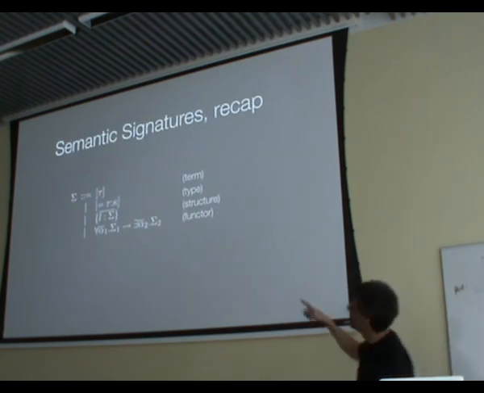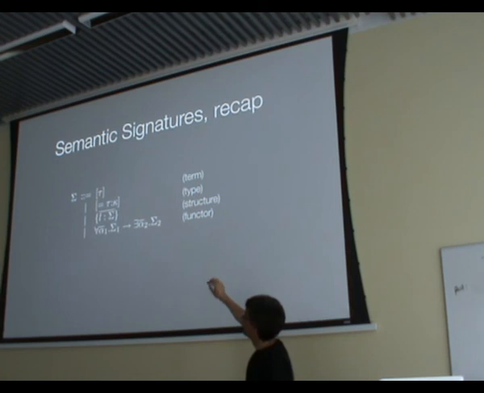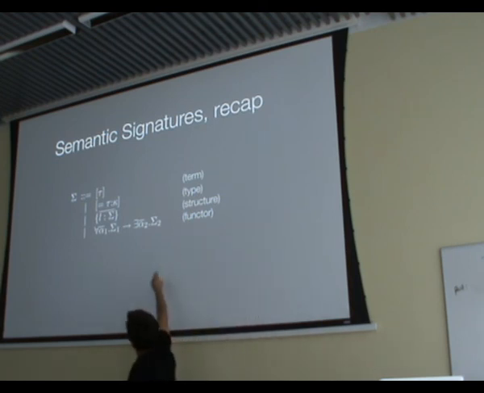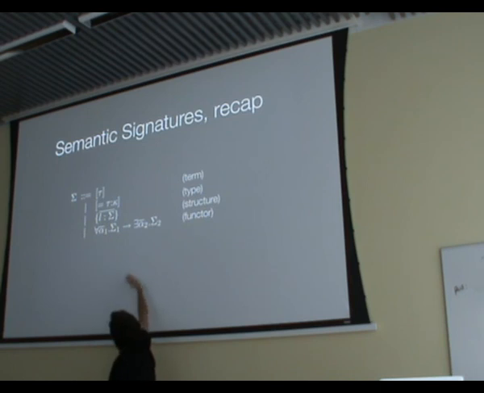I use the sigmas here, which are just special System F types, and the interesting ones here are functors. In the generative case, the functor looks like that. You have a function going from one signature to another, and all the abstract type variables in the argument are universally quantified.